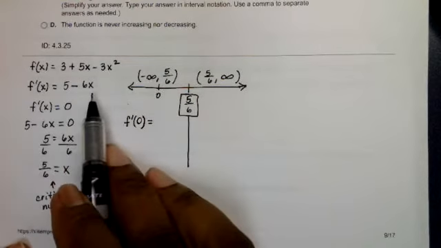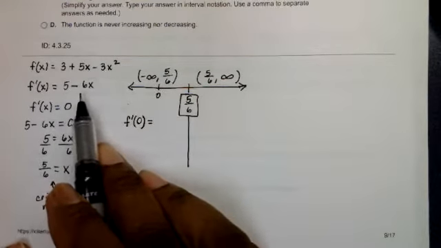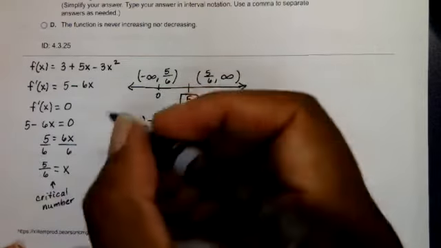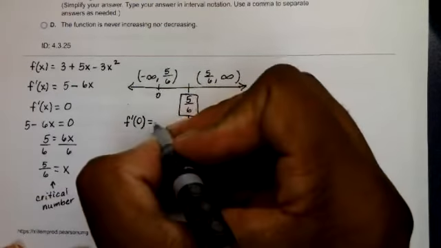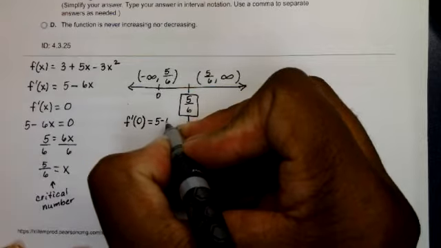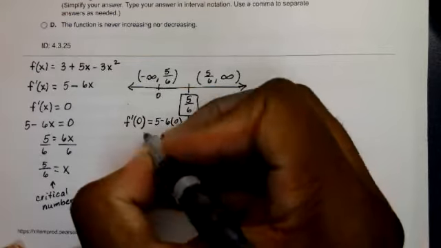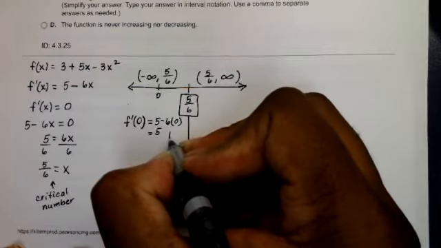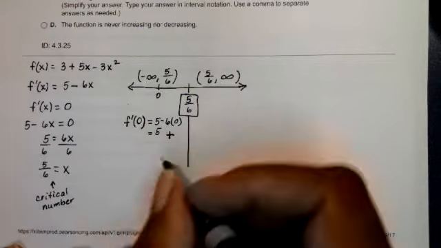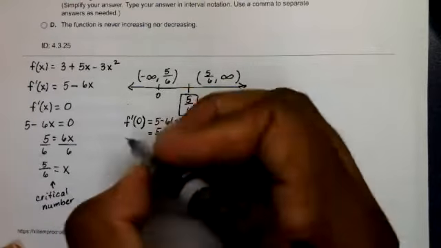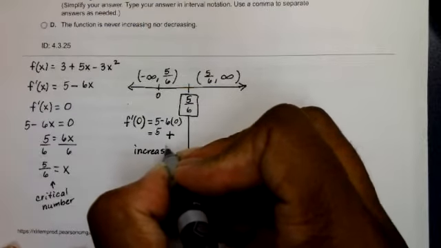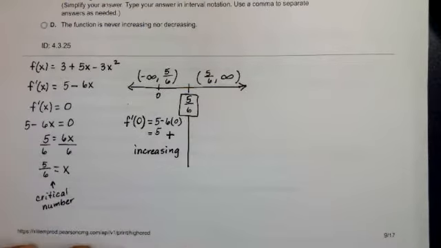If I substitute 0 in for x, I'm going to get 5 minus 6 times 0. 6 times 0 is 0. 5 minus 0 will be 5, which is positive. So that tells me from negative infinity up to 5/6, the function will be increasing.